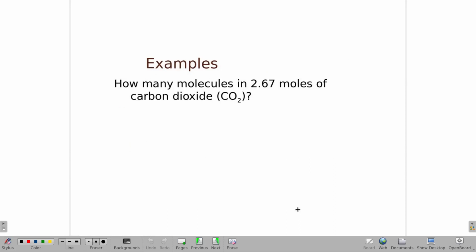Alright, so if I give you a question like this, if I ask you how many molecules are in 2.67 moles of carbon dioxide, turns out the carbon dioxide is almost unnecessary because it doesn't matter what this is. The conversion is the same. A mole of anything is 6.022 times 10 to the 23rd of those guys. So I can actually write that conversion like that always, and this little thing is always going to work.